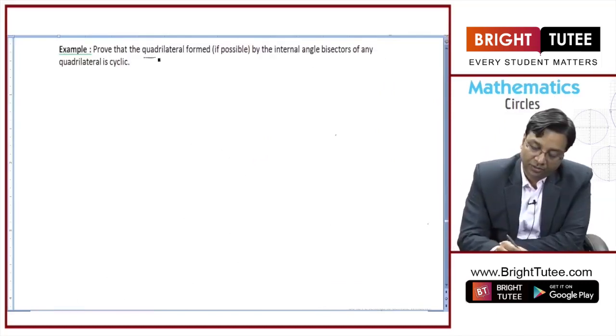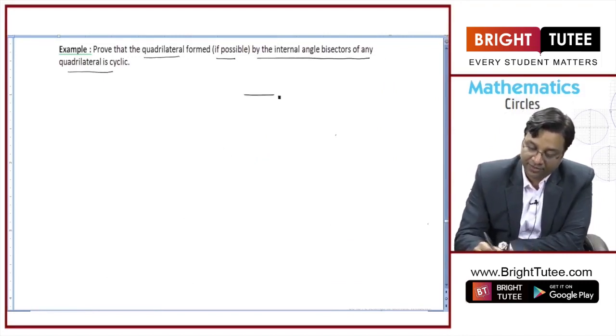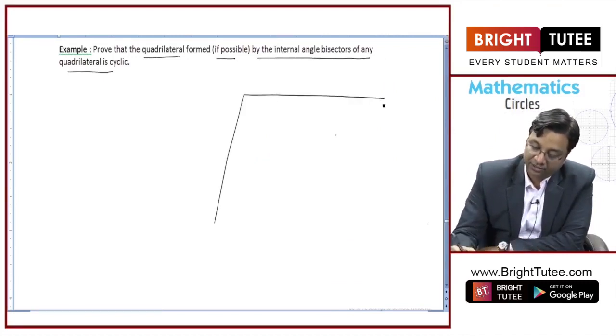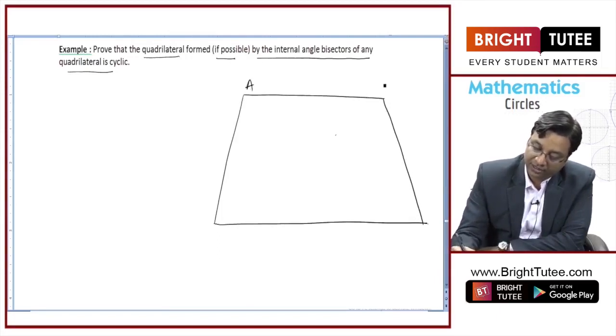Prove that the quadrilateral formed, if possible, by the internal angle bisectors of a quadrilateral is cyclic. So let me take a quadrilateral here. Let us say this is quadrilateral ABCD.